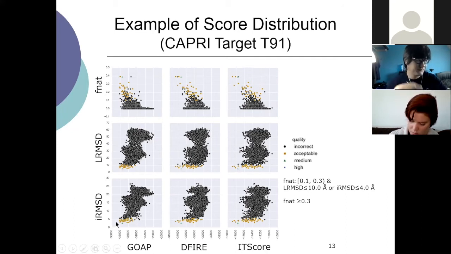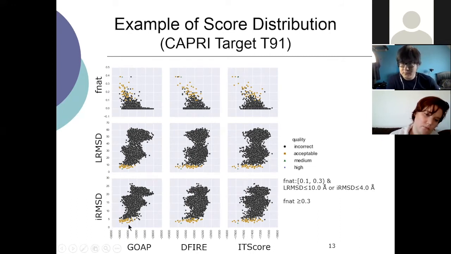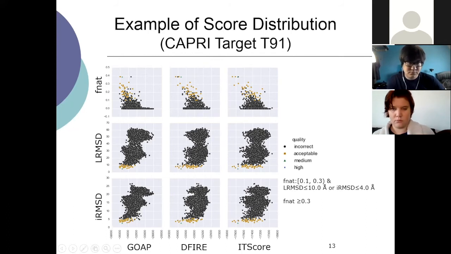On the y-axis is the interface RMSD, the unit is angstrom, and the x-axis is the energy value by the scoring function. The yellow and green dots are good models, or acceptable models by the CAPRI competition criteria.